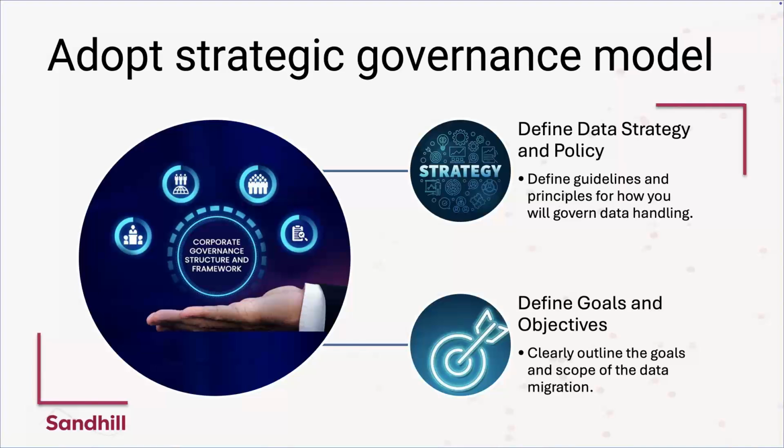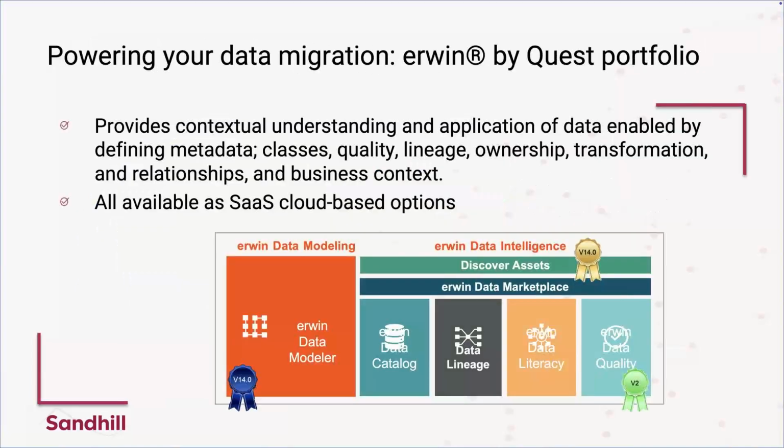So speaking about governance, we know that within governance we have to have roles, compliance, policies, all of these kinds of things. From the perspective of Erwin by Quest, we've got some tools that will help with this governance process. We've got the Erwin Data Intelligence product as well as Erwin Data Modeler.